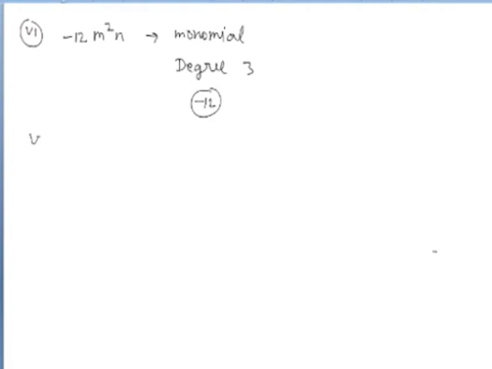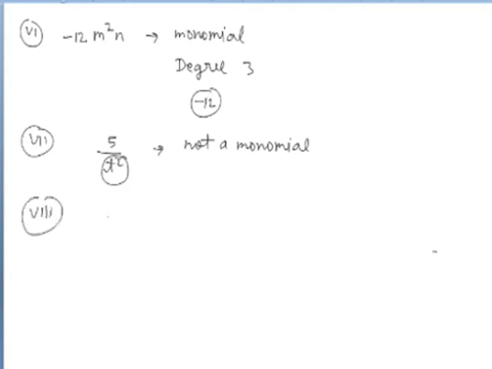Okay, and in 7th, 5 upon t square. So this is not a polynomial, not a monomial. Why? Because it is in the denominator. And question number 8, c square plus 13.